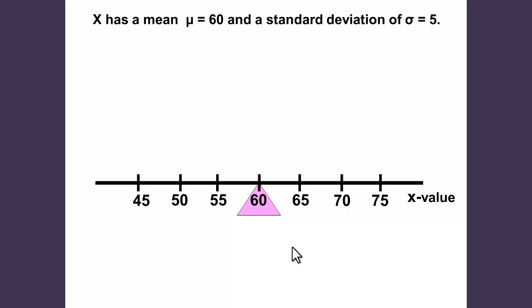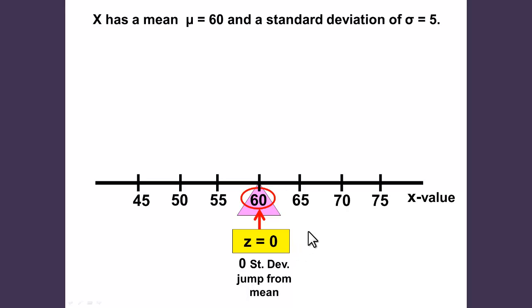The pattern holds for the mean as it is 0 jumps from the mean, and therefore the x value of 60 corresponds to a z-score of 0. 0 standard deviations from the mean.